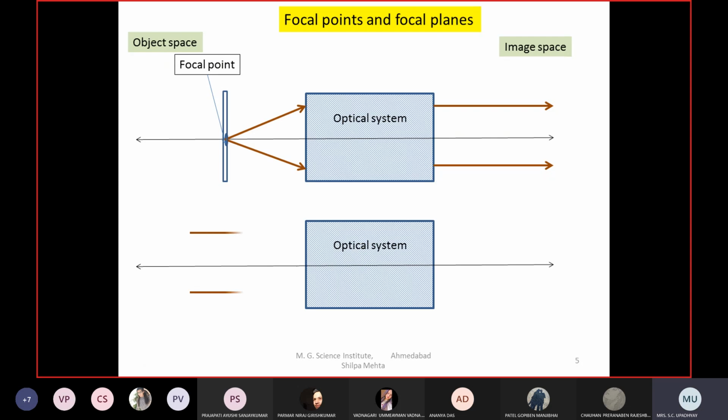The rays coming from an infinite object are parallel rays, and after passing through the optical system, they converge to one point, and that point is called the focal point of image space, and we call it F2. This is represented as F1, and this is considered as F2.